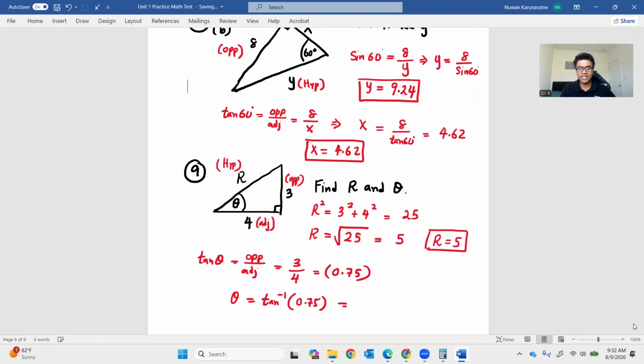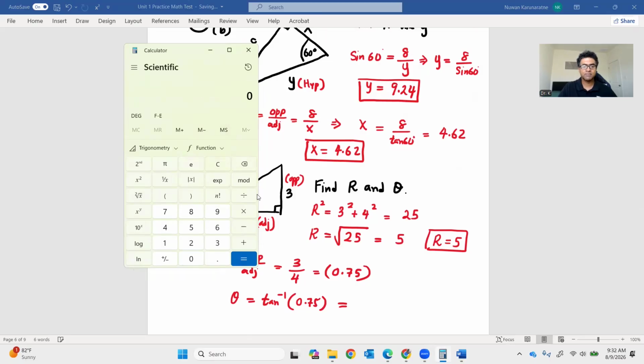0.75. And then let's try to get a numerical value. Again, let's use that calculator. So clear, 0.75. I'm going to hit trigonometry, and then second, that's how I go to the inverse functions, then inverse.